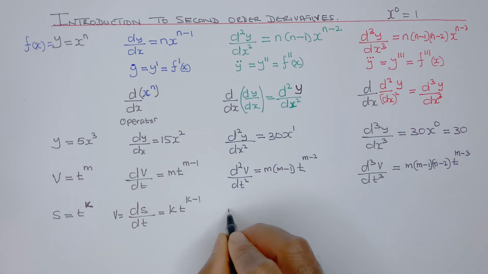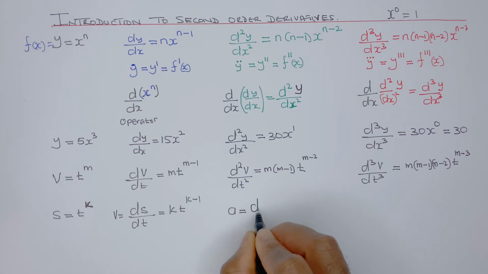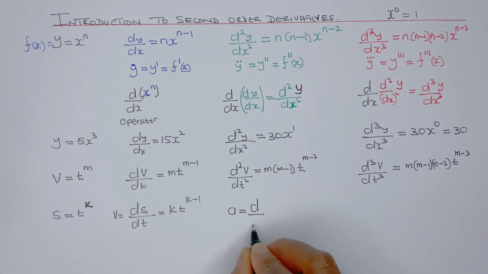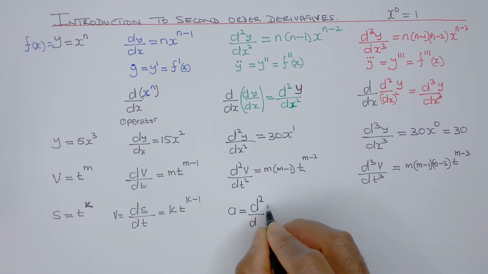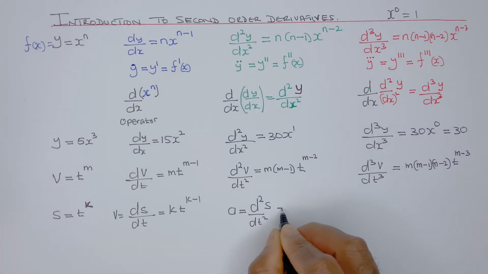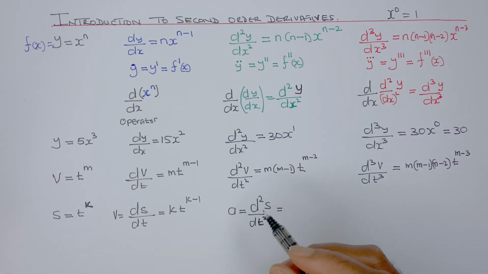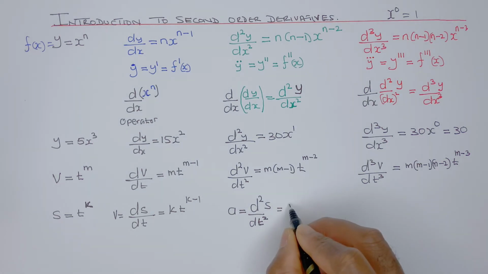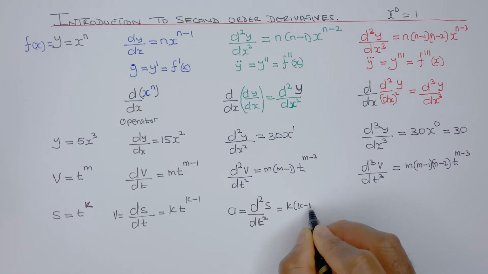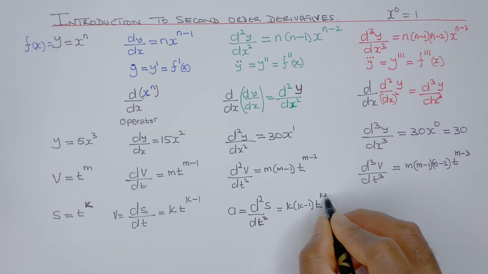To find the acceleration a, which is d squared s over dt squared, this is now acceleration, which is the rate of change of velocity over time. And so that would be k into k minus 1, t to the power k minus 2.